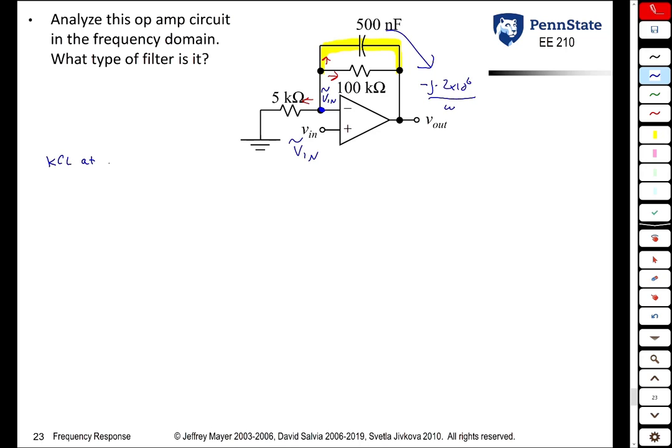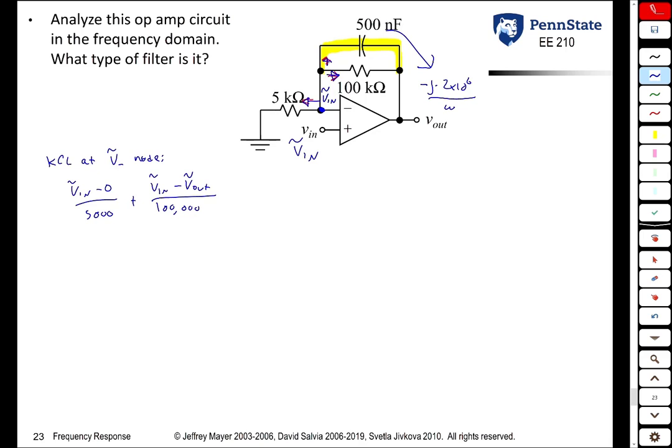So KCL at the V minus node. Current to the left is Vin minus 0 over 5,000. This current is Vin minus Vout, both of those are phasors, over 100,000.